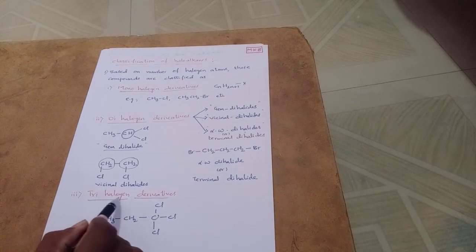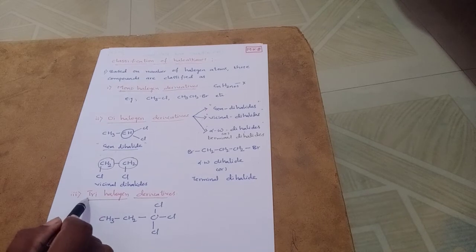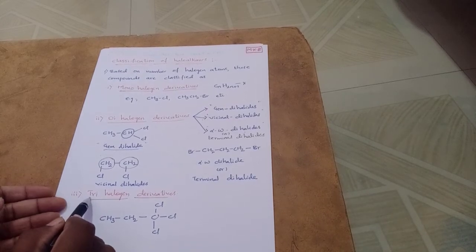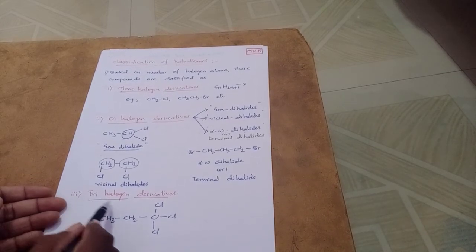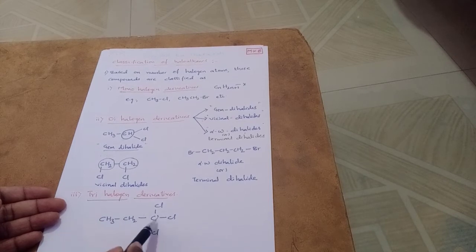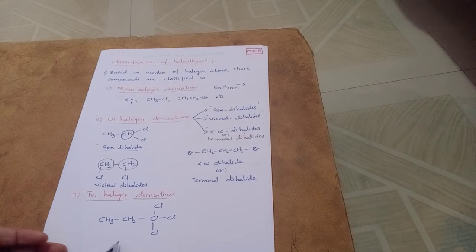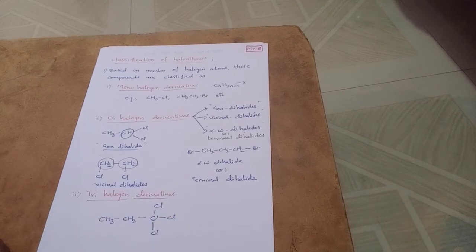And then coming to the trihalogen derivatives, it is very clear in the name itself, tri means three halogens. If the compound contains three halogen atoms, that is considered as trihalogen derivatives.